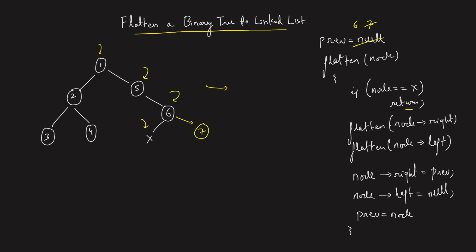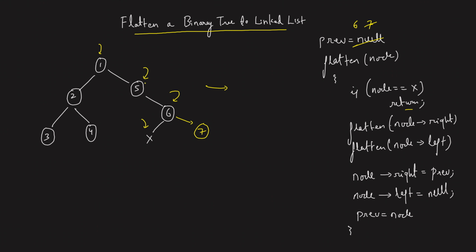So understand what I did. Since I was doing a traversal of right and left, the moment 7 was completed, I stored 7 in previous. And the moment I came back to 6, right and left were completed for 6, so I took that previous and attached it to 6's right. Simple as that. Now previous is 6. This time I come back to 5. 5's right is over, left is no one.